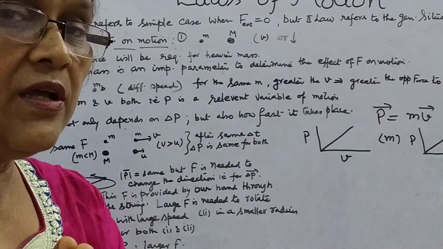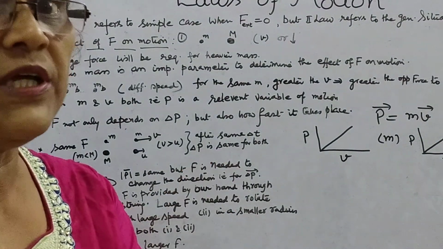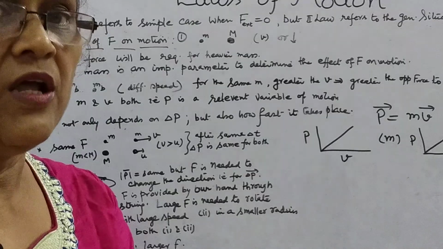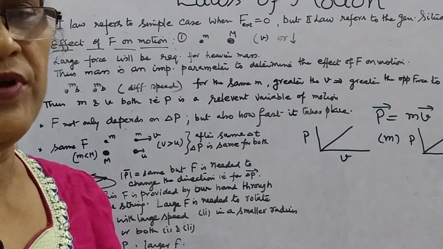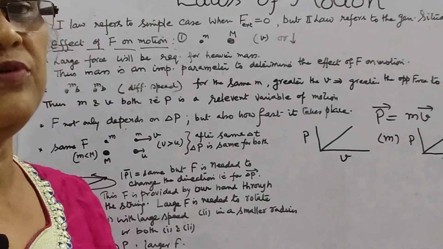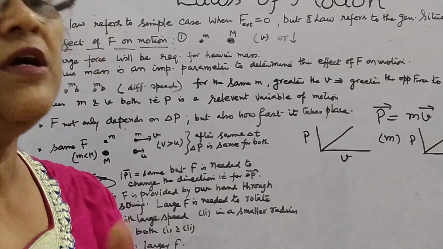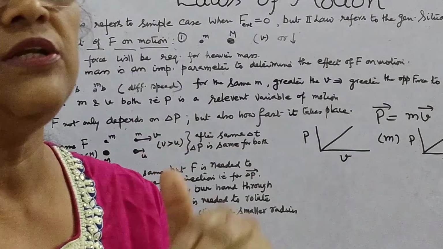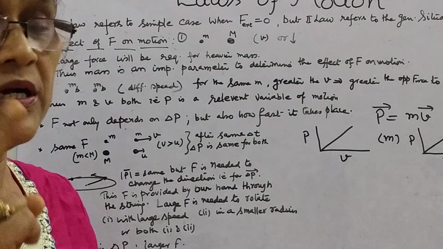What does it mean? Not only is the rate of change of momentum equal to the applied force, you have to say, again listen, what is the second law of motion? The rate of change of momentum of an object is equal to the force applied on it, and the change in momentum occurs in the direction of applied force. So it has two parts.